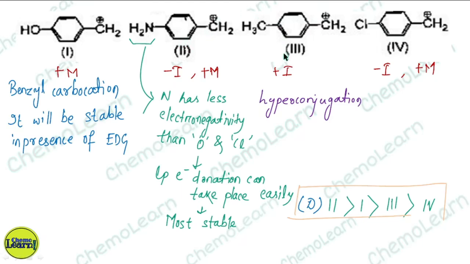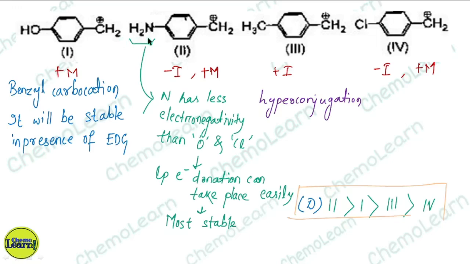In option 3 we have a plus I group only, the CH3 group, and in the fourth option we have plus M and minus I group, that is chlorine. So if you compare options 1, 2 and 4, we have plus M groups, that is OH, NH2 and Cl. All these groups are plus M groups.